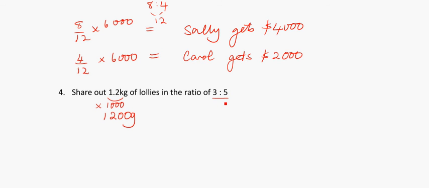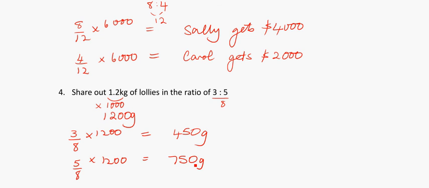Add those together and you get 8. So one person gets 3/8 of 1,200 and the other person gets 5/8 of 1,200. And that works out to 450 grams and 750 grams respectively.